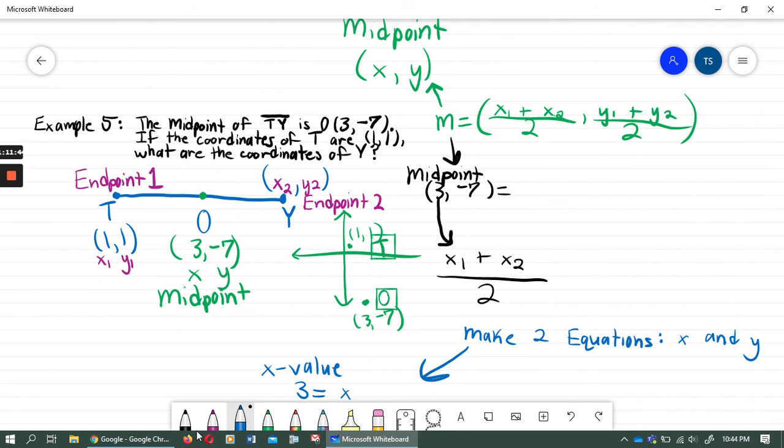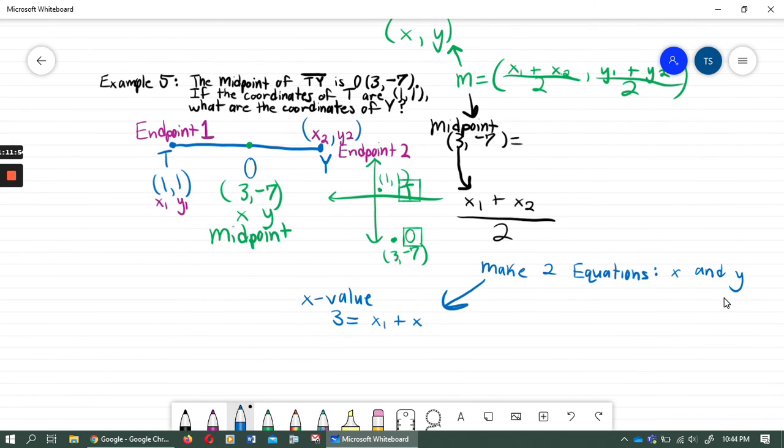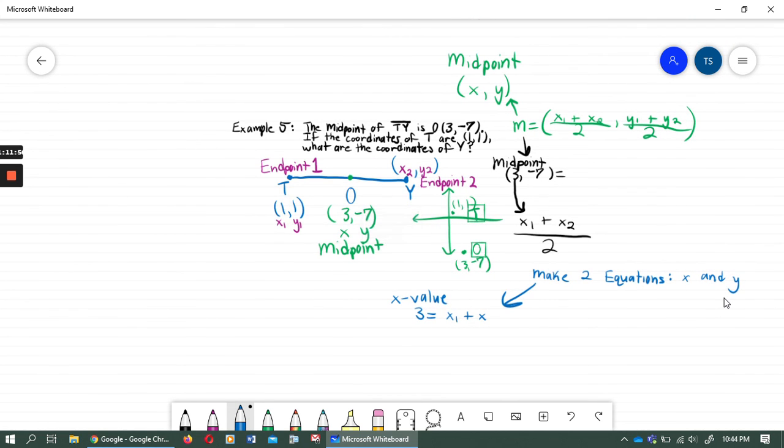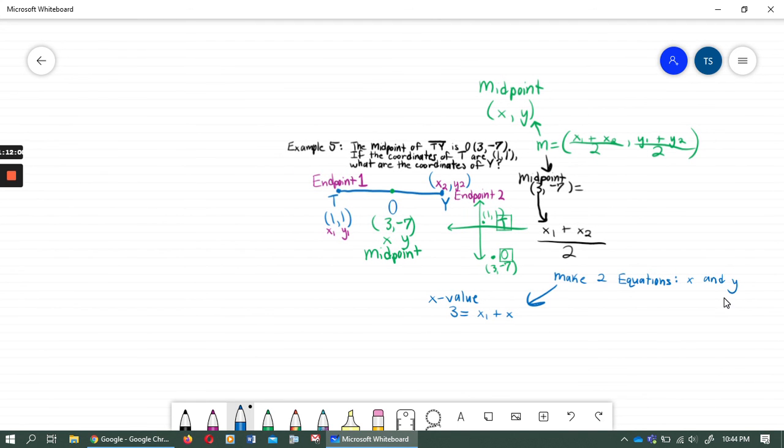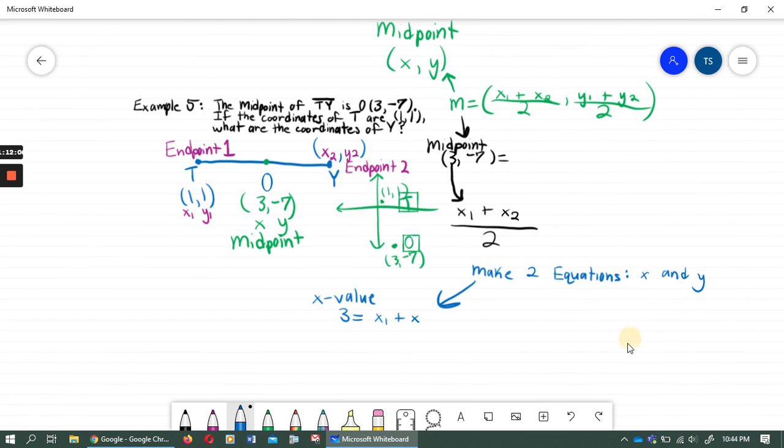I'm going to write that real quick, but then I'm going to substitute those parts that we need to substitute. x1 plus x2 divided by 2.